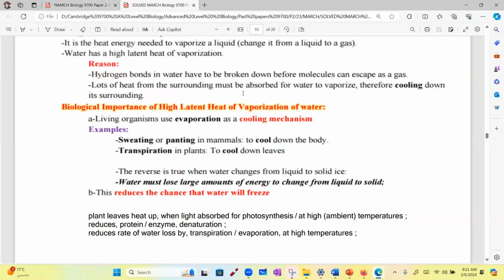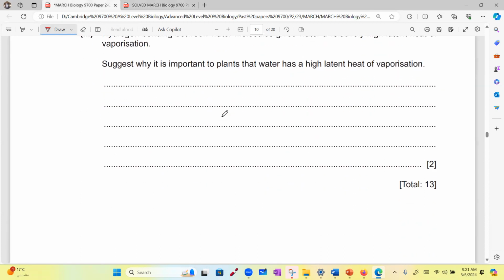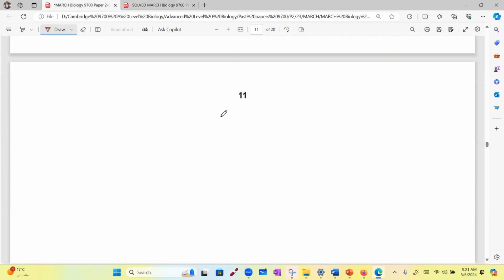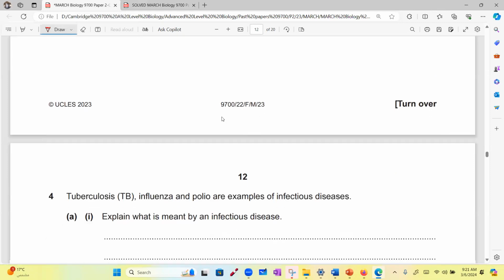Okay. Wait, what's tomorrow? I can have a class on Thursday. We can solve this exam, the other exam. No, we'll finish this today. We'll finish it today. Okay? We are already in page 11 anyway.